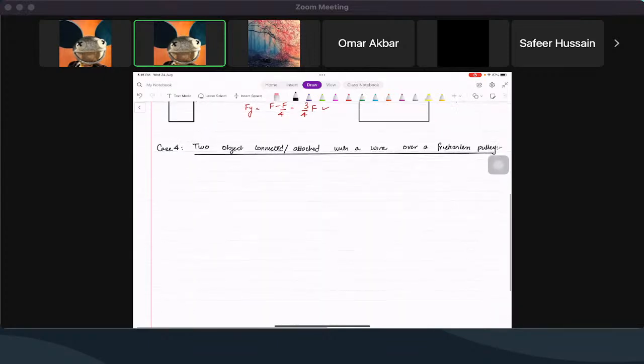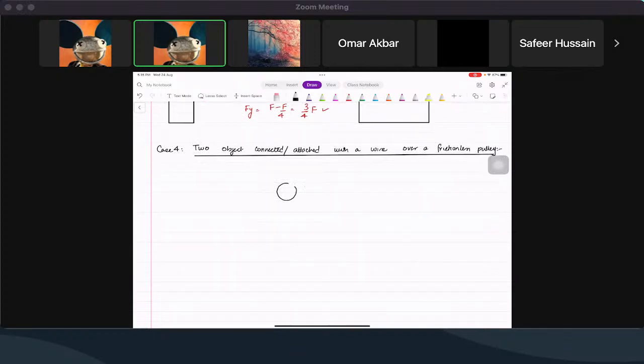Now suppose there is a pulley like this. There is one object that's here, and there is another object that's here, like this. Okay.